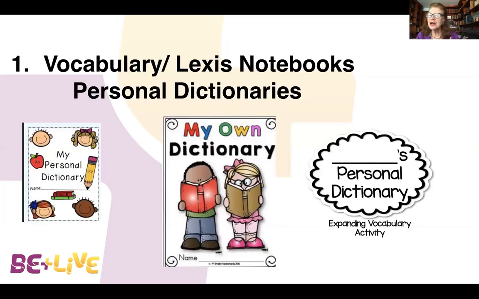So here are some ideas to increase the lexis of your students during the pandemic. Start a lexis or a vocabulary notebook, a personal dictionary of these expressions. All you have to do is look online, or just a plain notebook, write ABC, have the kids write ABC all the way down, and start putting in their personal words.